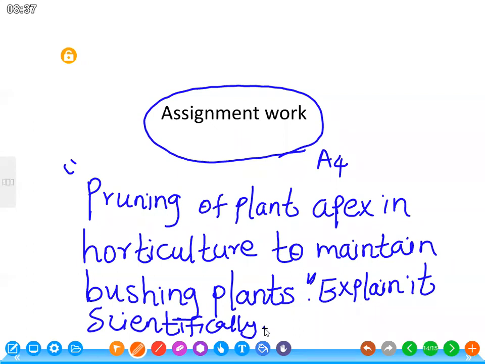So explain it scientifically. This is the assignment work. You should write this assignment in an A4 sheet and submit it to me after the reopening of the school. Okay, students? Are you listening? Okay.